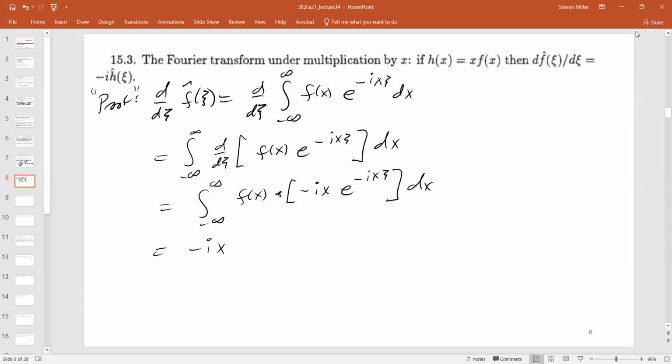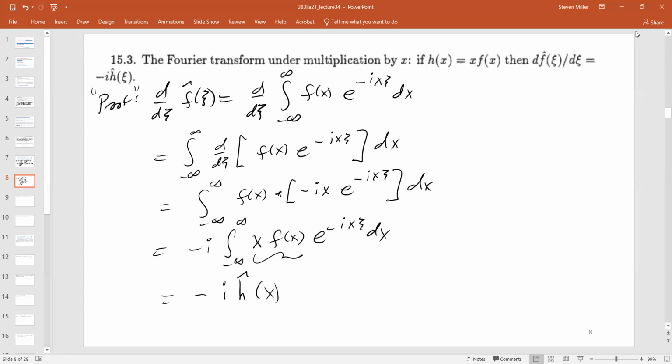I'm sorry, I can't bring out the x. So we get minus i times the integral from minus infinity to infinity of x f of x e to the minus i x c dx. And this is what we were calling our function h. So this is minus i h hat. And so that is the desired proof.